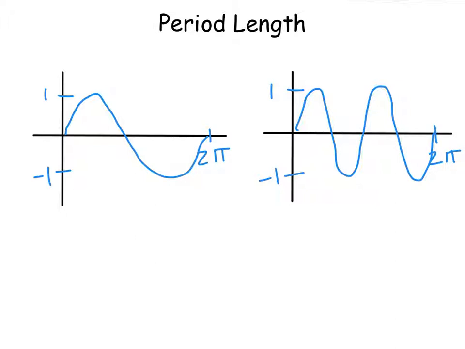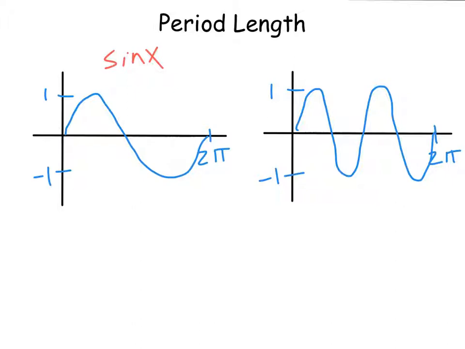In 2 pi, there are 2 periods instead of 1. Now we have to change the equation. It's not just going to be sine of x, because it's clearly a different graph than sine of x.